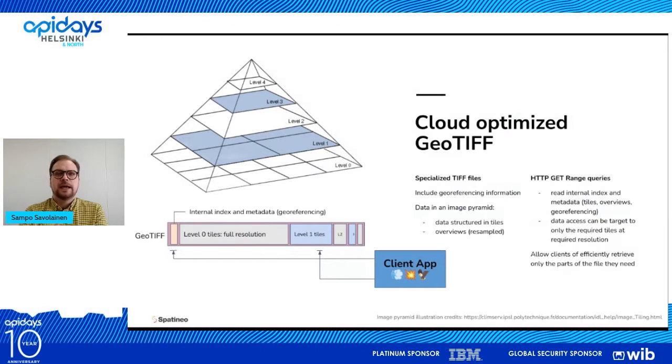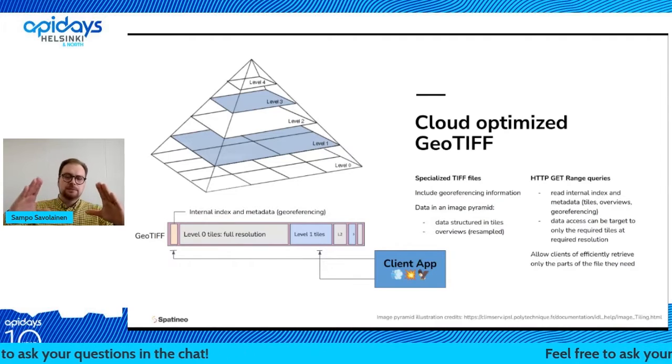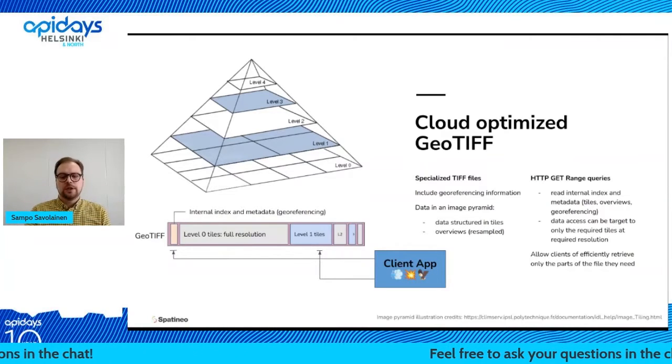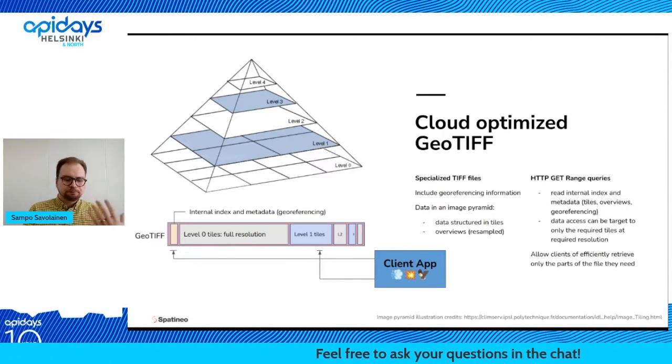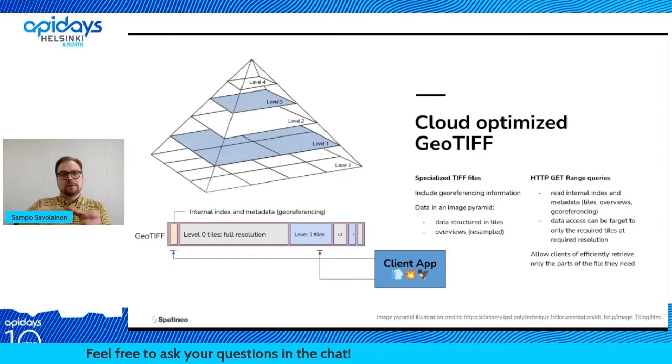This is a very handy way of, these are completely standard TIFF files. Even though they are used in a special way, this is completely standard. You can open these TIFF files in any program whatsoever. There's a part which is an index, which tells you what information is where. And then the data is presented in this pyramid, so that the original full quality data is at level 0, and then it's comprised of smaller tiles.